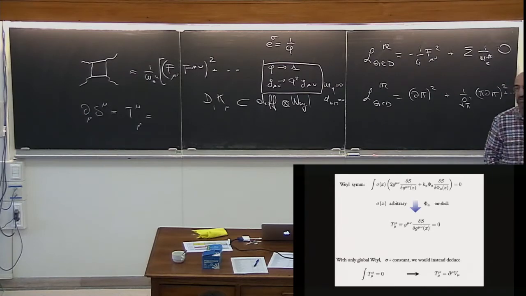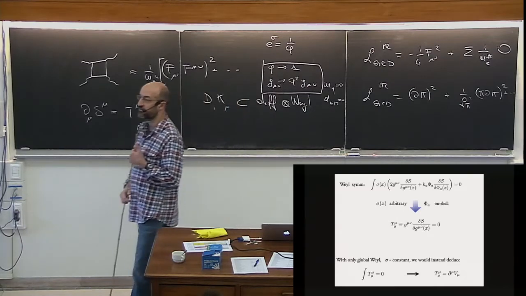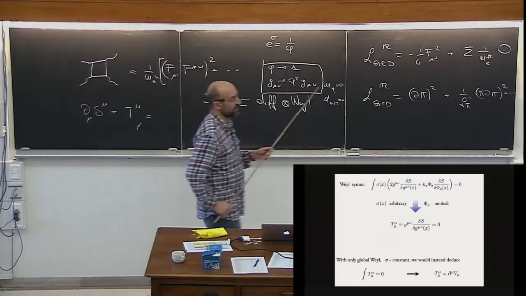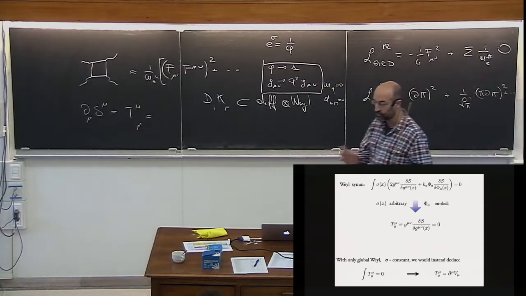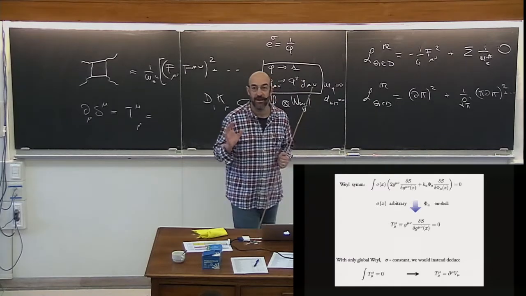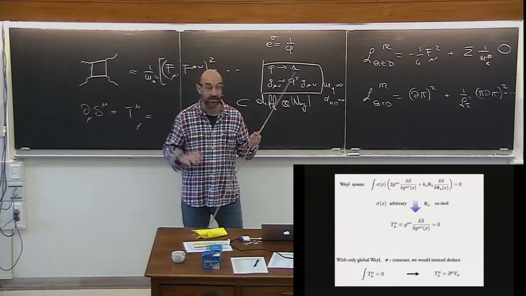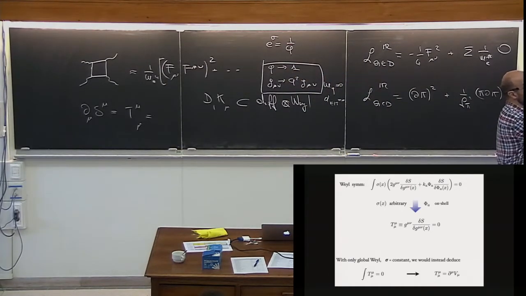And again, this is the same result we already obtained before: a globally scale invariant theory, without conformal invariance, has an energy-momentum tensor which is a total derivative. Okay, so you see the two differences. Scale invariance amounts to global rescalings of an external metric, okay, global, and conformal invariance amounts to local rescalings.